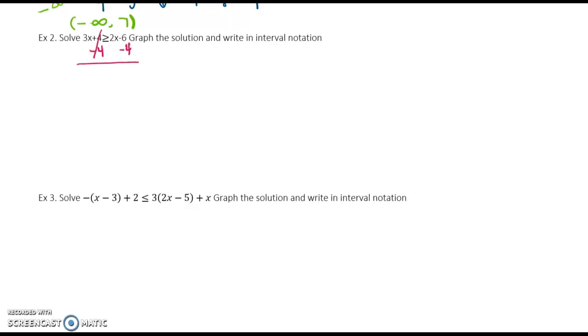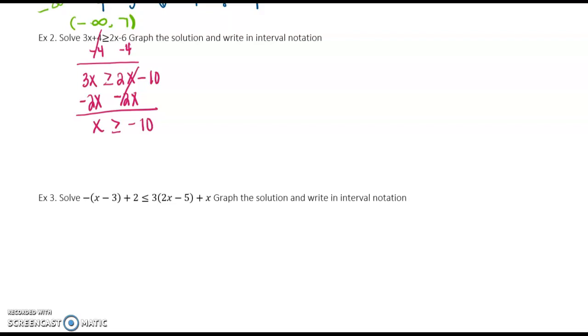And then these cancel out, you bring down the 3x. And then you get 2x minus 10. I'm going to subtract 2x on both sides, and then you get 3x minus 2x, that's just x. And you get x is greater than or equal to negative 10.